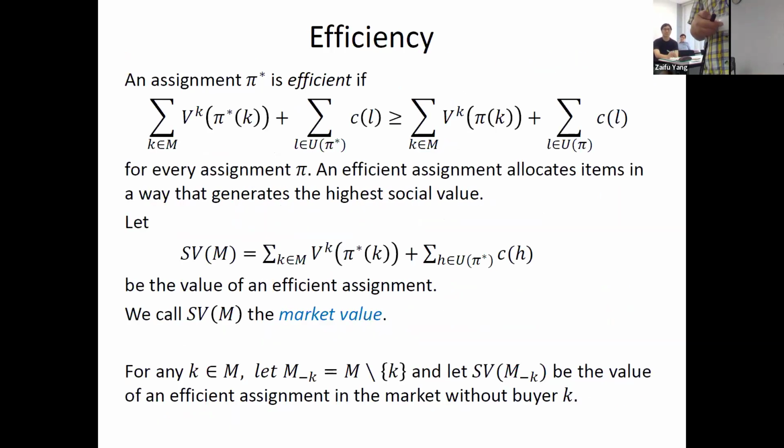Okay, the efficiency. This is a concept everyone is familiar with. Now you have an assignment, and this assignment pi star is efficient if it achieves the highest market value. You see, this is the value that every bidder gets, plus the reserve price of all unsold atoms.